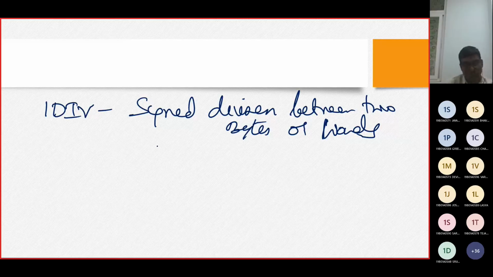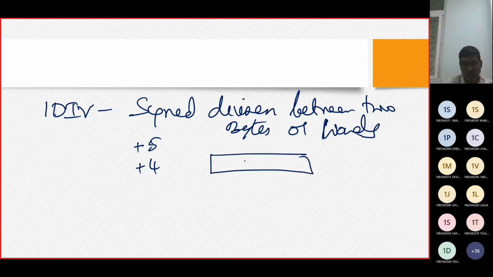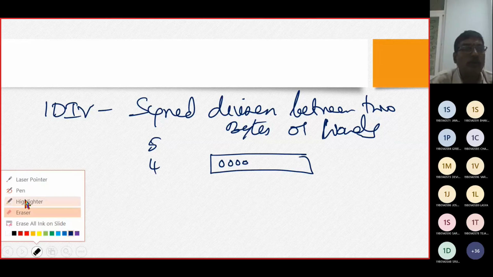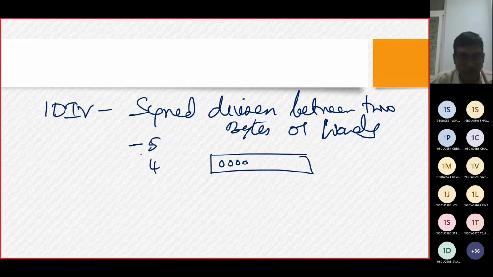So what was the significance? I can say +5 and +4, and then -5 and -4. Then I have to make a divide operation.